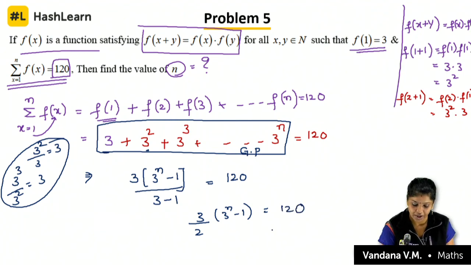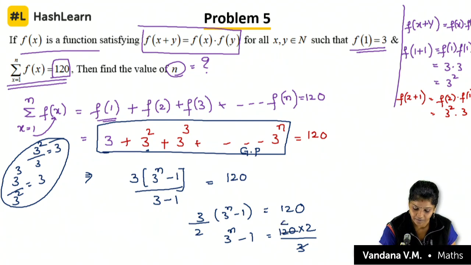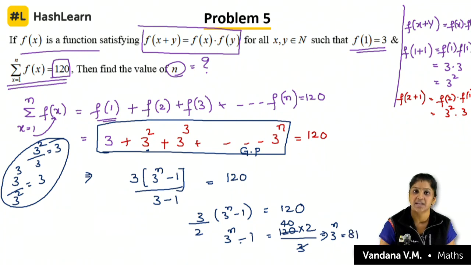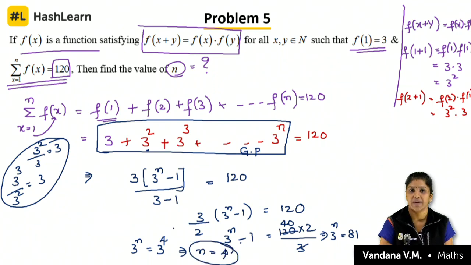Do the cross multiplication, you will get 120 into 2 by 3 is 3 power n minus 1. You will get here 80. If it goes to that side, 3 power n is 80 plus 1, which is 81. 81 can be written as 3 power 4, isn't it? So now my n value is 4. Clearly, I can make out n value is 4. Isn't it, children? Understood, right?